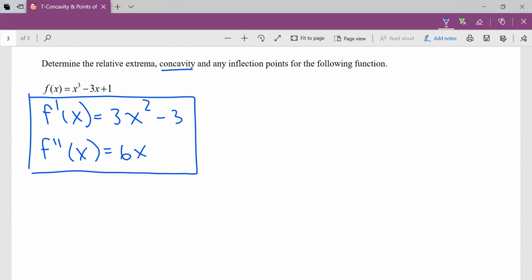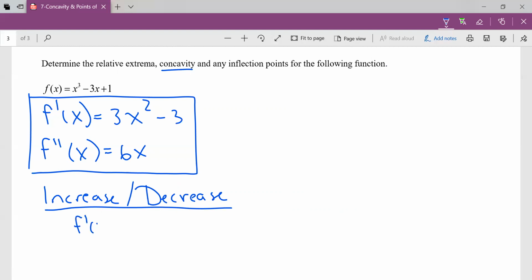Here we go. To find our relative extrema, what I need to find is my intervals of increase and decrease. What I like to do when I'm doing these, friends, is write this out because it helps keep my own work organized. When do we get an increase or decrease?